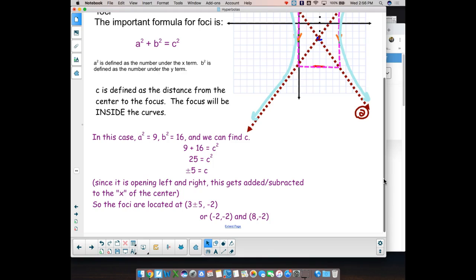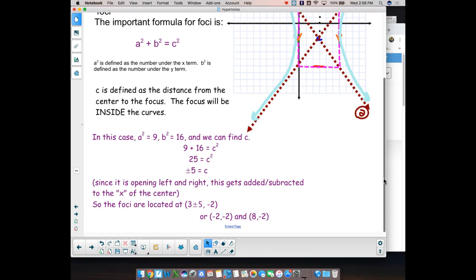Now the question came up last hour in the Resource Center. Can I leave it as 3 plus or minus 5, comma, negative 2? And my answer is no. If it were 3 plus or minus the square root of 5, comma, negative 2, yes, you could leave it like that.